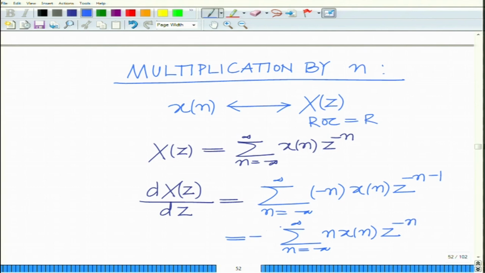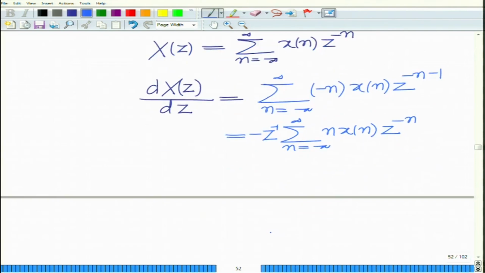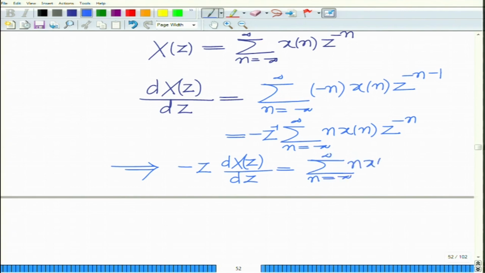You can bring the z inverse outside, so this will be minus z inverse, which means minus z times the derivative of x of z equals summation n equals minus infinity to infinity n x of n z raised to minus n, and this is, remember, the Z transform of n x of n.